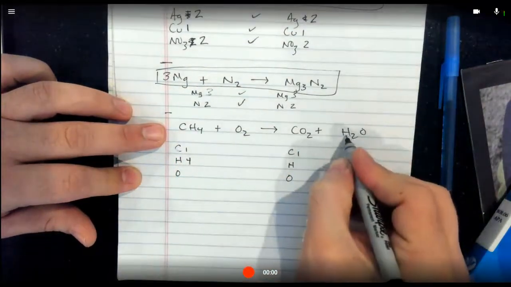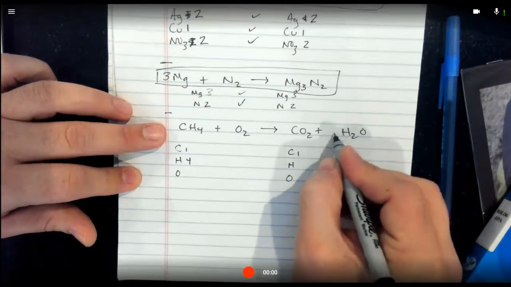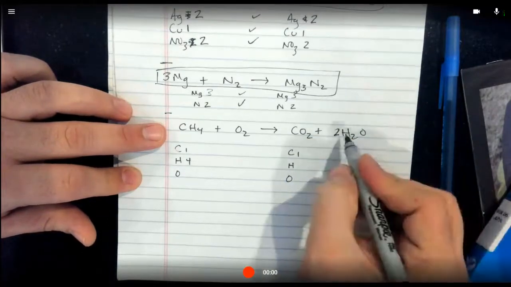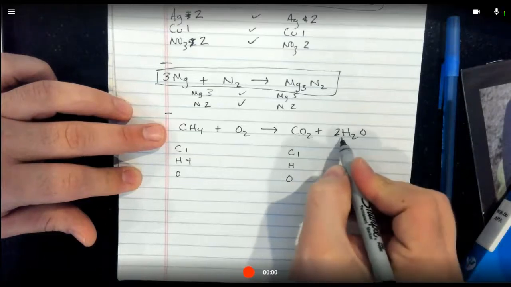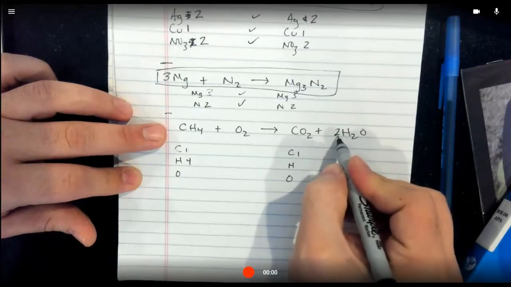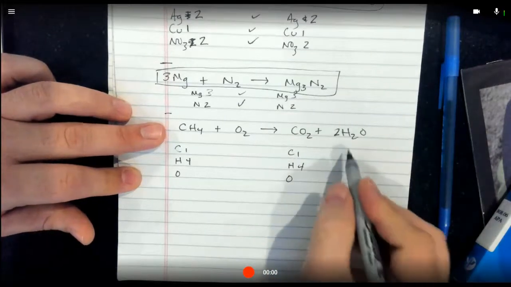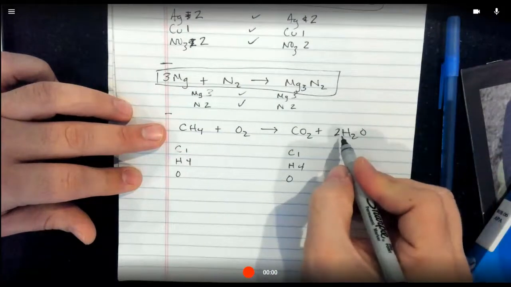Right now we only have 2 hydrogens on the right-hand side. So we can change the coefficient. We can place a 2 in front of water, and this 2 distributes to the hydrogen and the oxygen. With hydrogen, 2 times 2 is 4. We have 4 hydrogen atoms on the right side. So those are balanced.